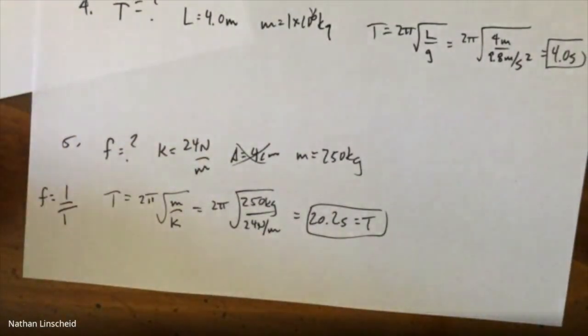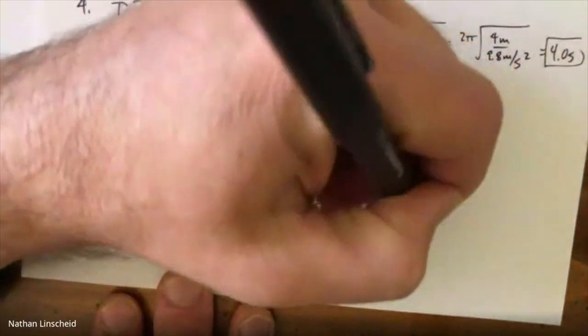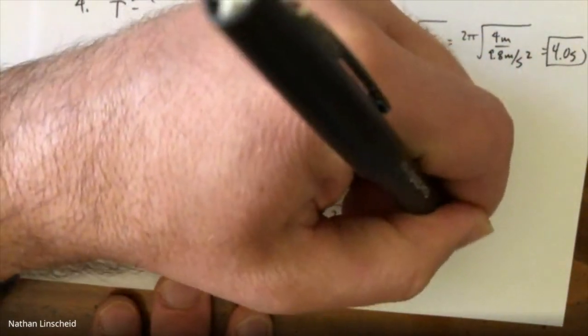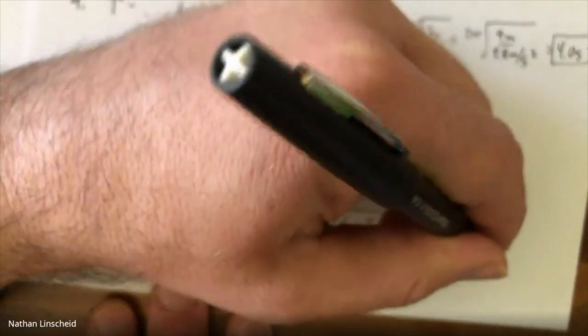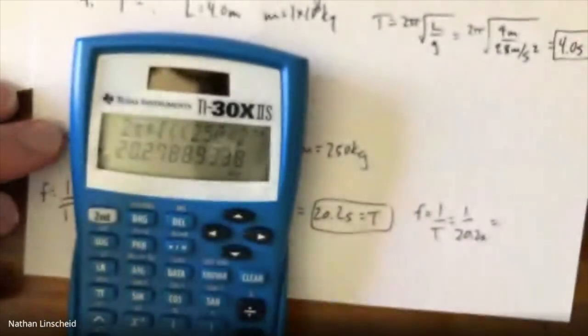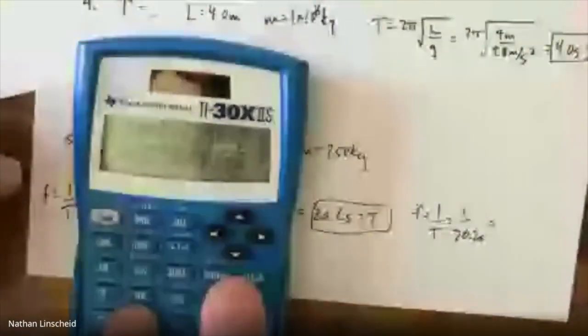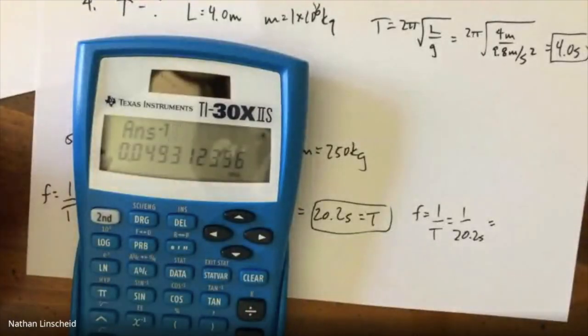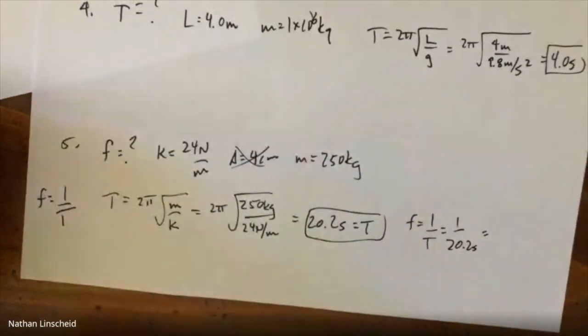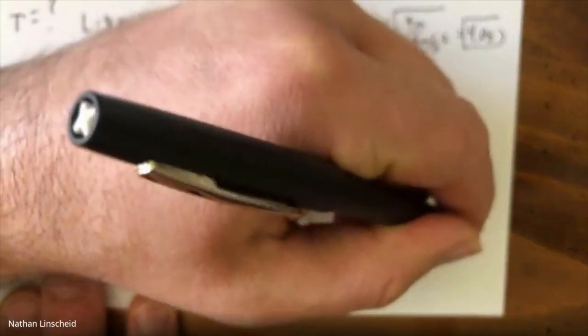There we go. We want the frequency, so we go F equals 1 over T equals 1 over 20.2. So just hit the x to the minus 1 button on that answer, and it's 0.0493 hertz.